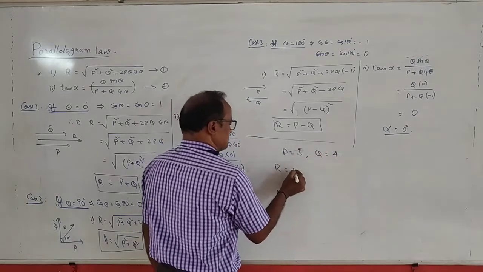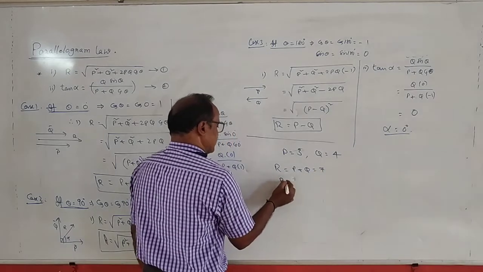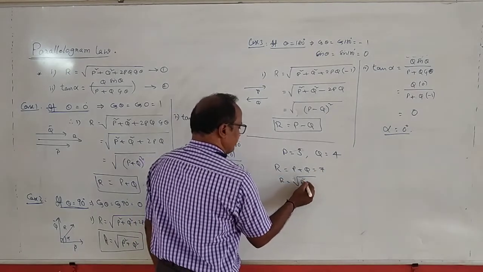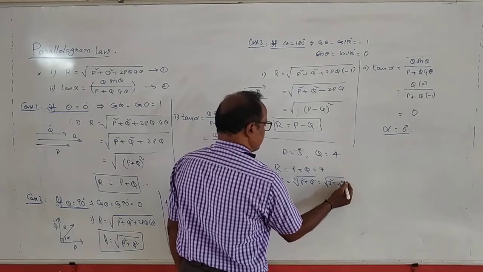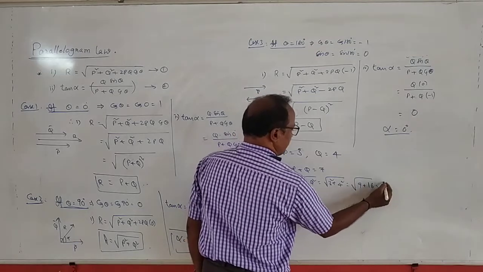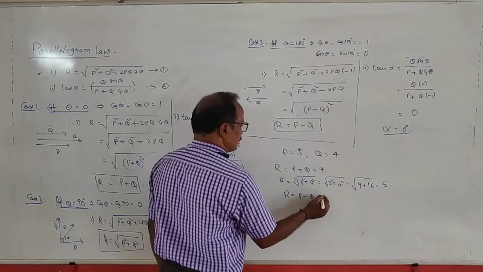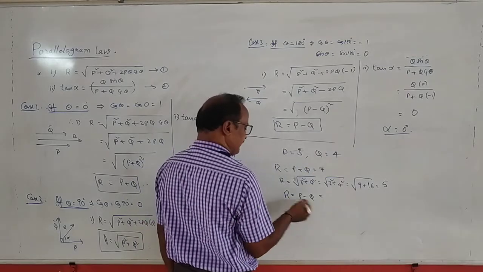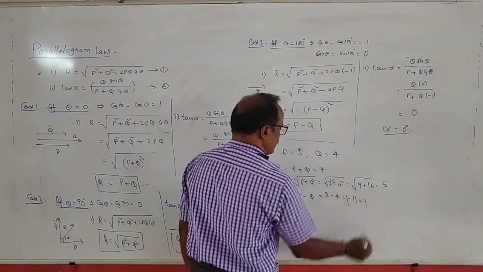In the first case, R is equal to p plus q, which means 7. In the second case, R is equal to root of p square plus q square, that is root of 3 square plus 4 square, root of 9 plus 16, root 25, which means 5. In the third case, R is equal to p minus q, the difference. 3 minus 4 is equal to minus 1, so the magnitude is 1.